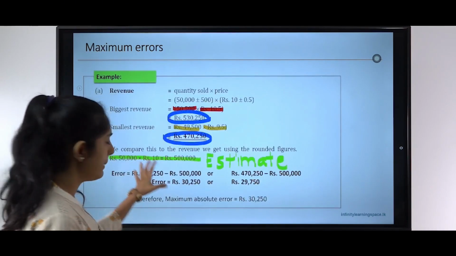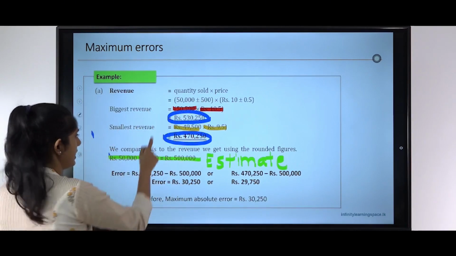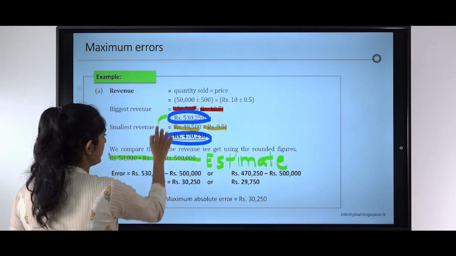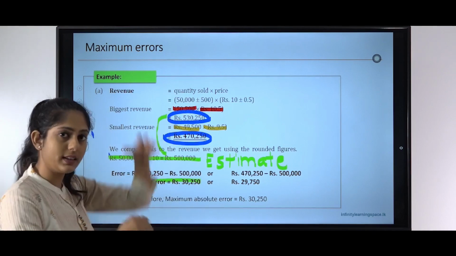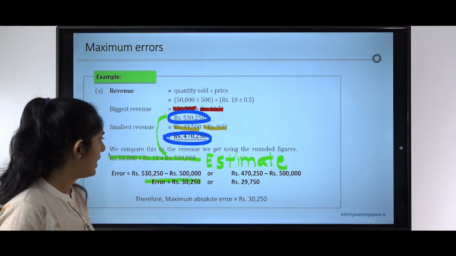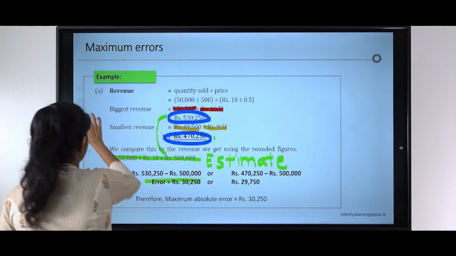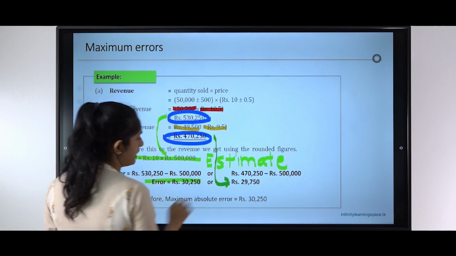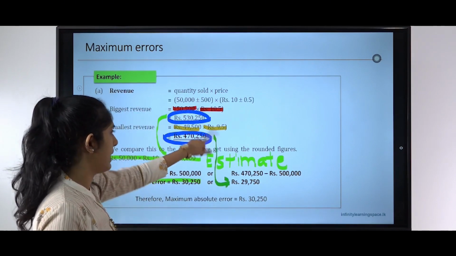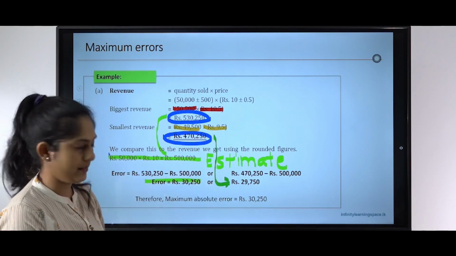But actually, it could have been maximum 530,250. So from here to here is 30,250 on the higher side, right? Check with the minimum, it could have been 470,250. Using the minimums, the gap between 470,250 and the 500,000 is 29,750, right?